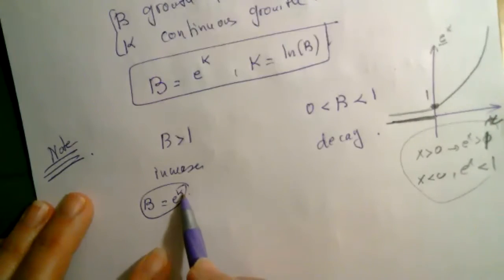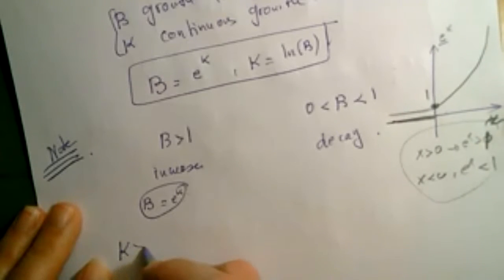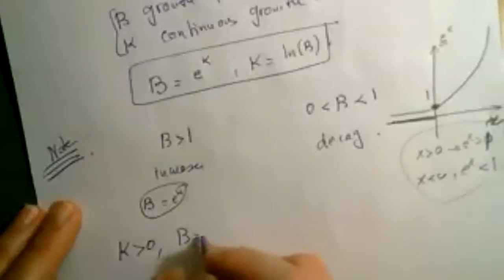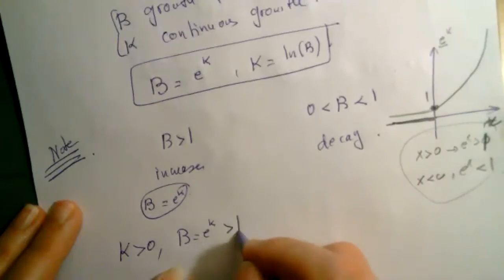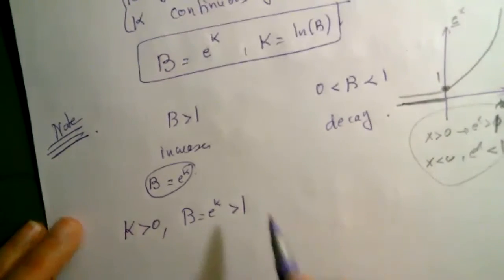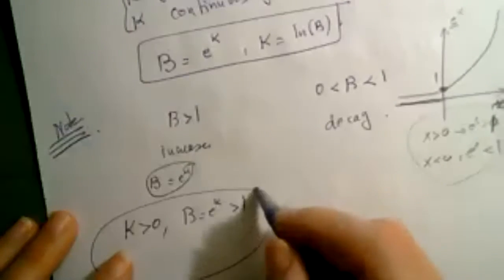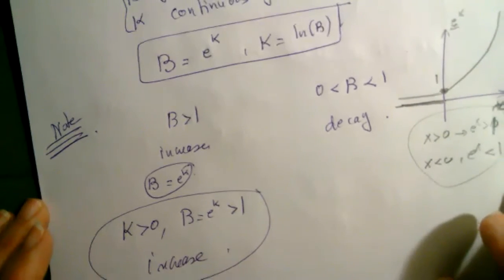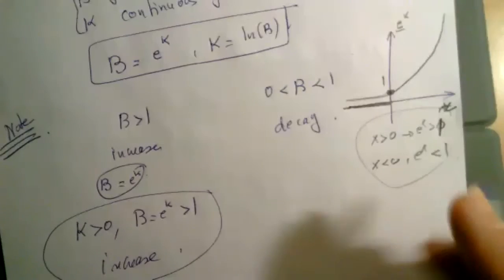Why am I bringing this back here? If k is positive, the b, which is e to the k, is going to be bigger than 1. So if k is positive, we have an increase because b will be bigger than 1.